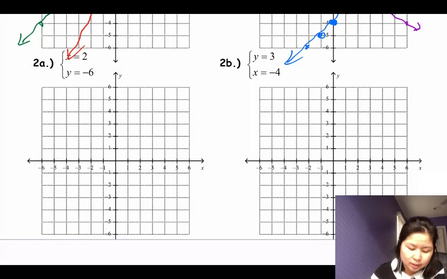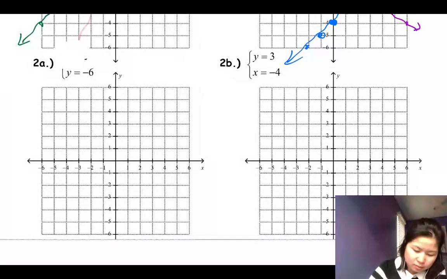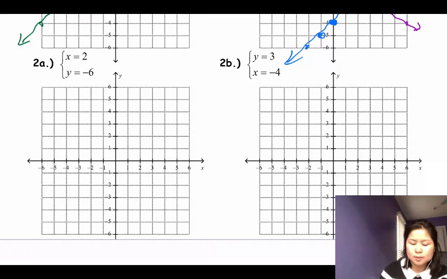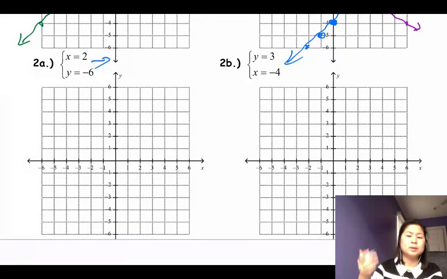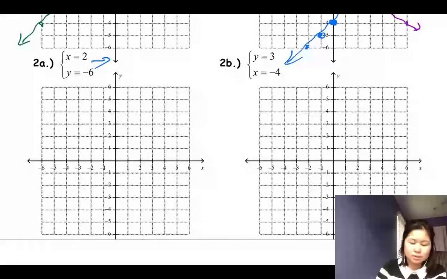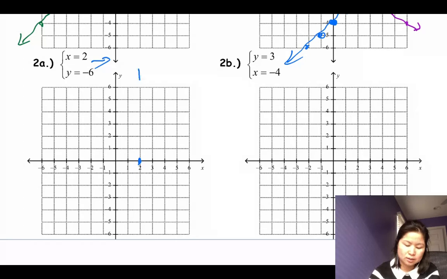So look over here. I'm going to erase this arrow because I cannot see it. If I look over here, this is a special line. This is the x values. That means if you just have the x values, this line will touch the x-axis. So this is at 2. I will plot a point on the x-axis and draw a straight line perpendicular to that point. So this one is x equals 2.